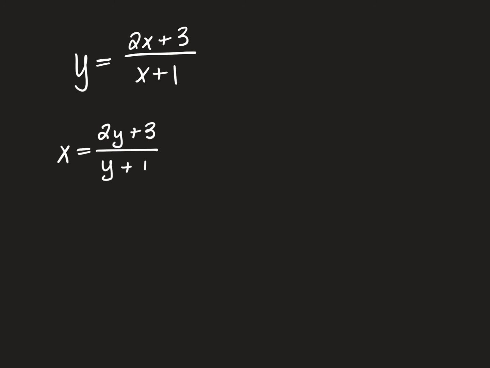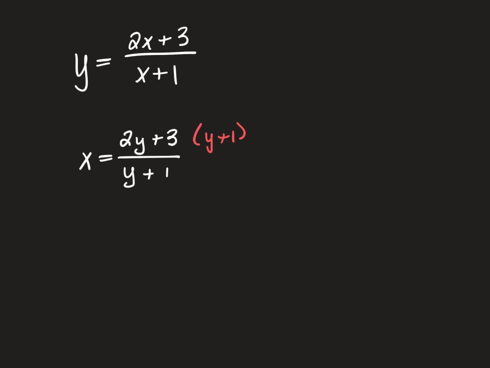All right, so now we need to do what? Solve for y. So that means we have to get rid of that fraction, right? So I'm going to multiply both sides by y plus 1 because that's going to cancel it out on the bottom.